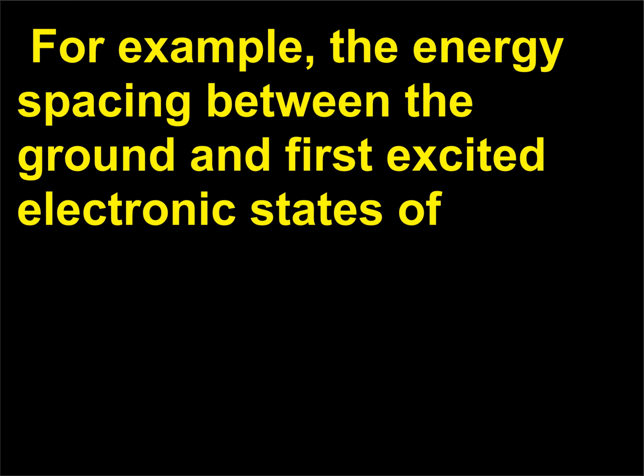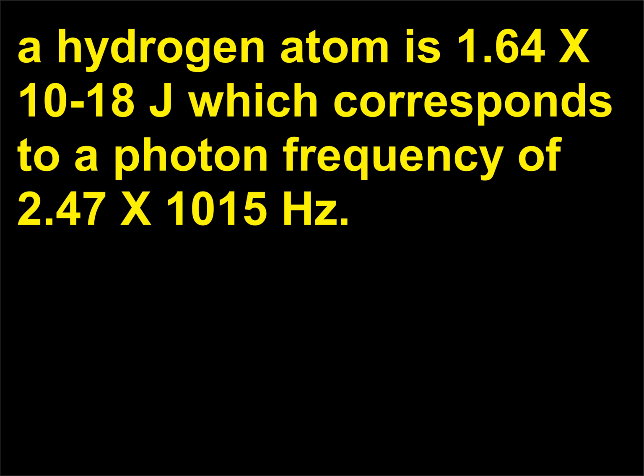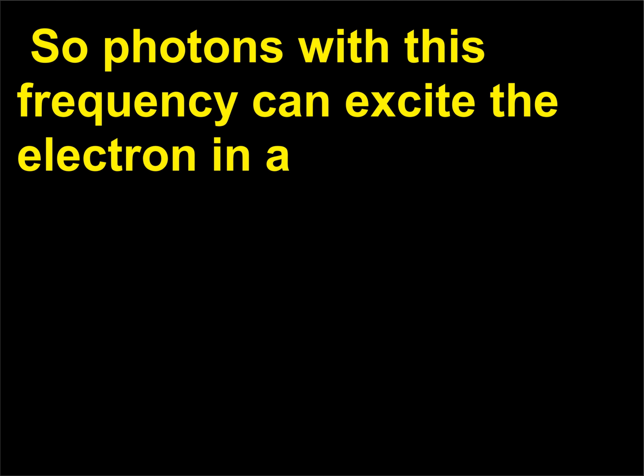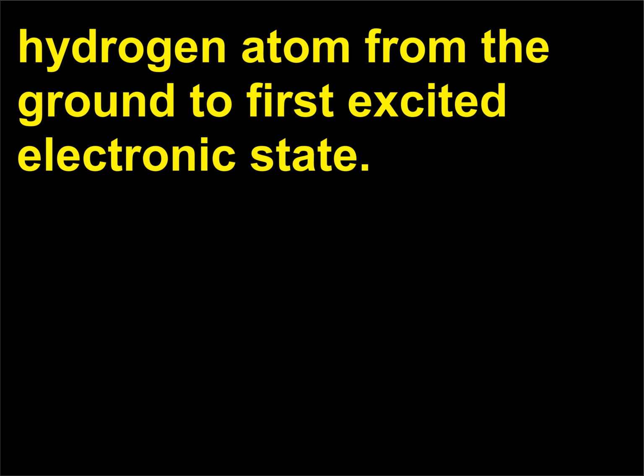For example, the energy spacing between the ground and first excited electronic states of a hydrogen atom is 1.64 x 10^-18 J, which corresponds to a photon frequency of 2.47 x 10^15 Hz. So photons with this frequency can excite the electron in a hydrogen atom from the ground to first excited electronic state.